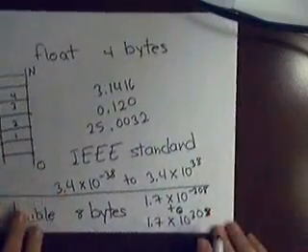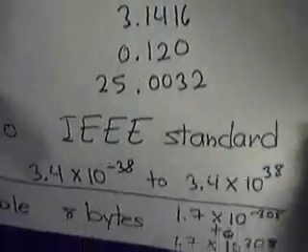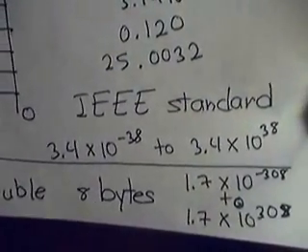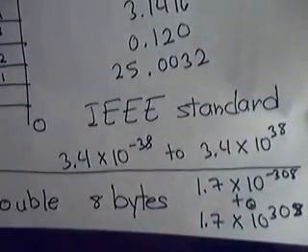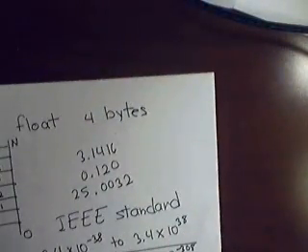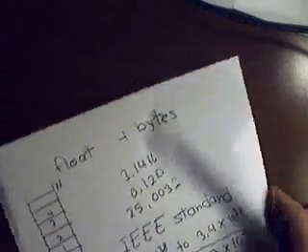Again, let me come a little bit closer. So double is 8 bytes, and those are the values you can represent. So as you can see, we have a lot of flexibility in terms of the types of values and numbers that we can store in memory using the C language and other languages.